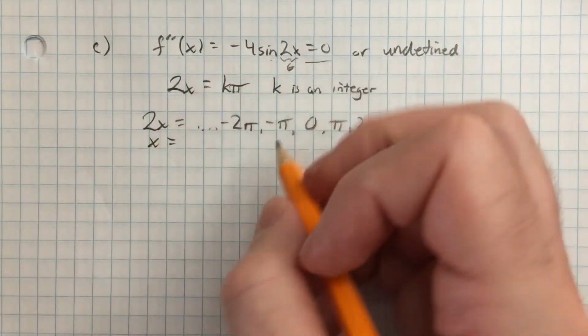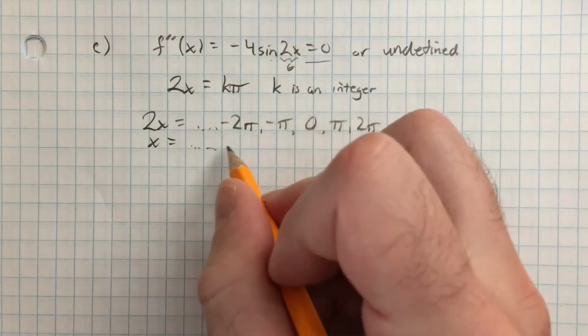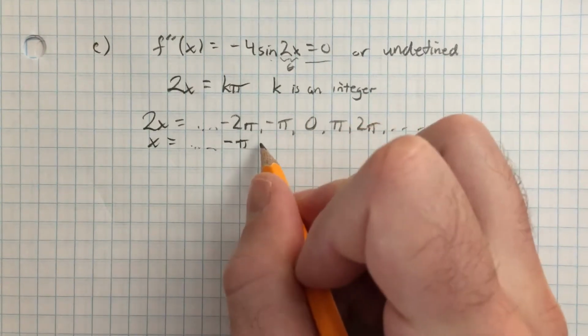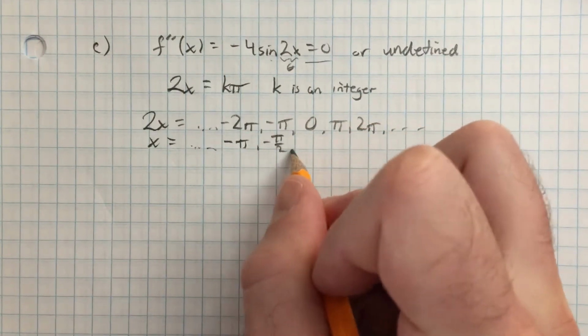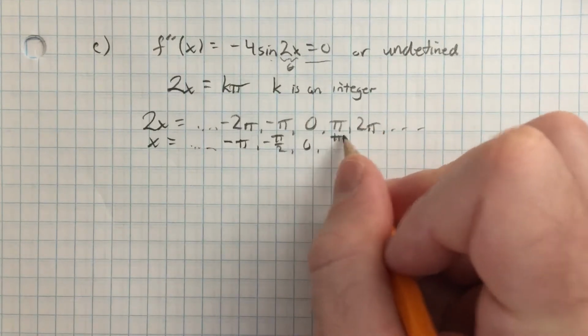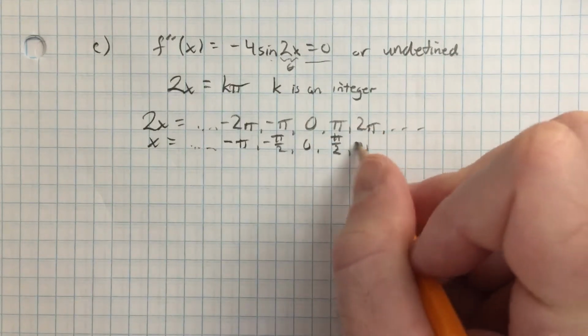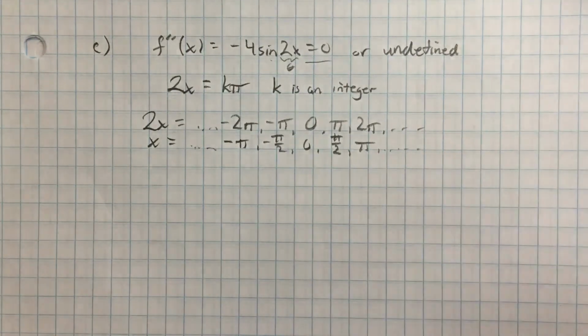Solving for x by dividing by 2, we'll then get a slightly different set: negative pi on 2, 0, pi on 2, and pi, and so forth forever.